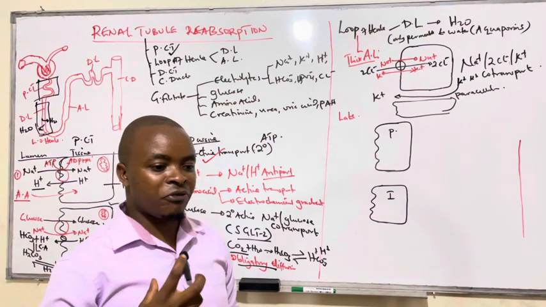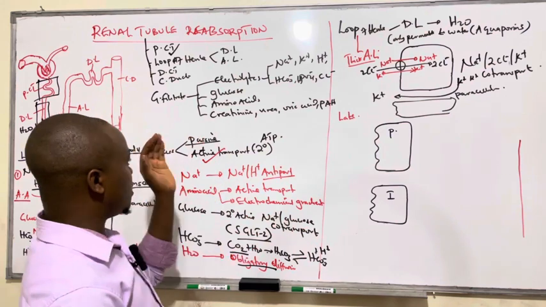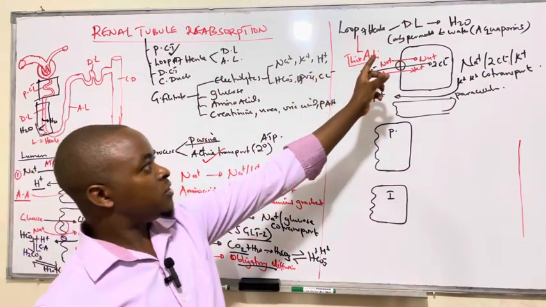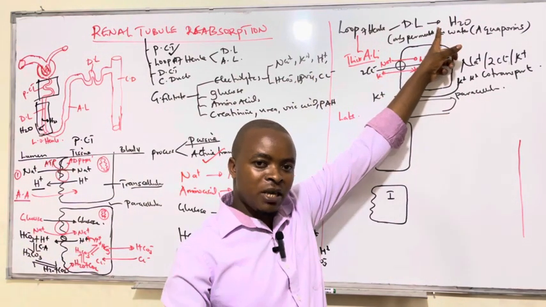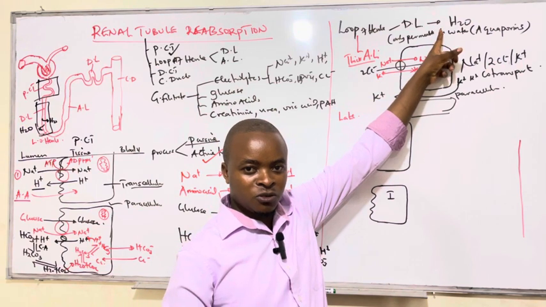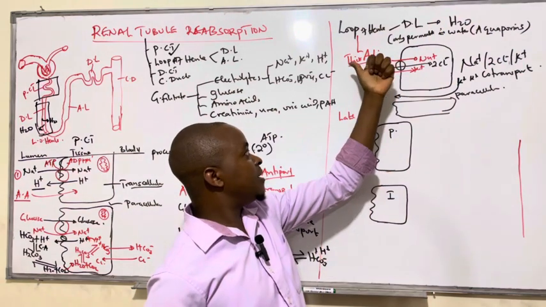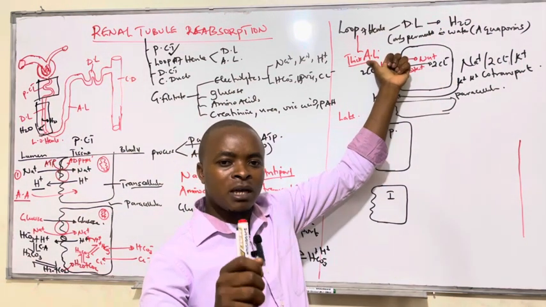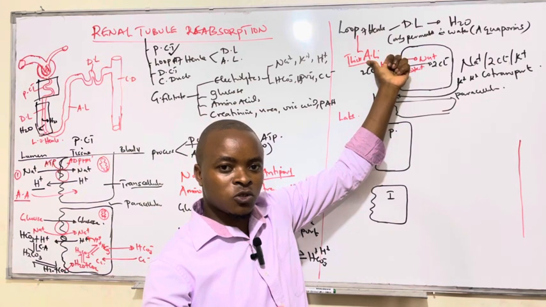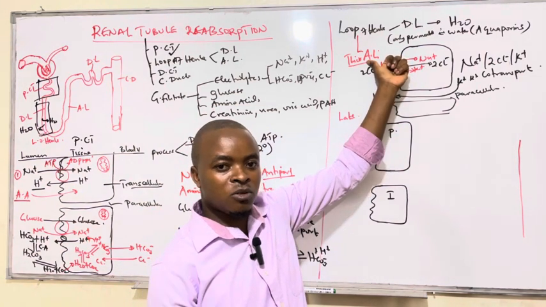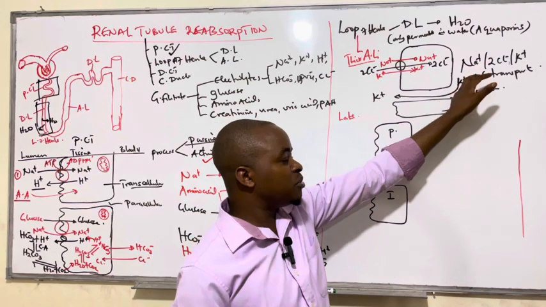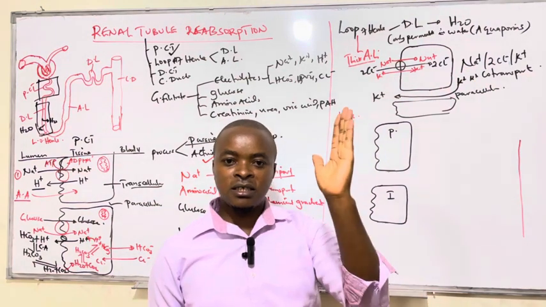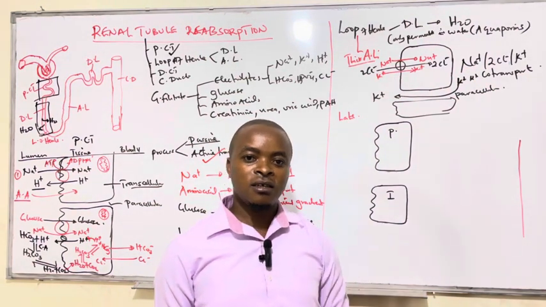And that's why we have seen the descending limb is permeable to water, impermeable to solutes. Then we see the ascending limb is permeable to electrolytes or solutes, but impermeable to water. We don't see reabsorption of water within the ascending limb, especially the thick ascending limb.